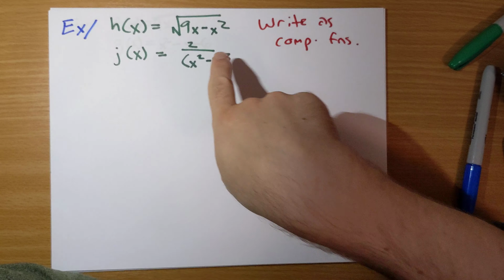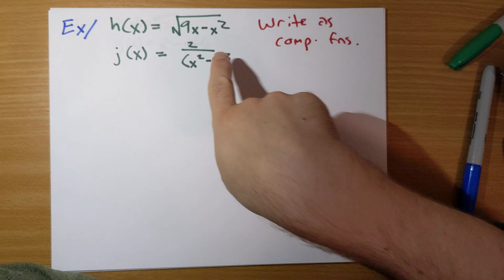In this case, you would also get that j of x is equal to d composed with c of x. So in general, if I ask you to write this as a composite function, it's not going to be unique. There might be more than one way to do that.